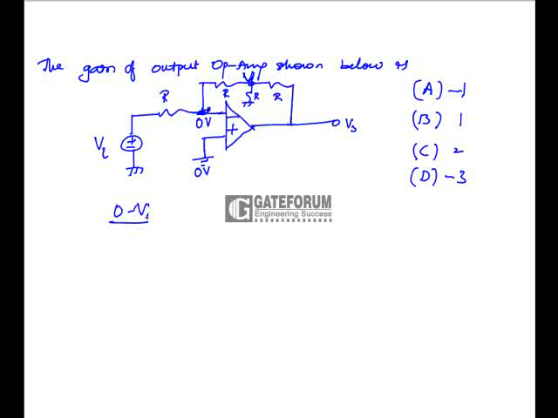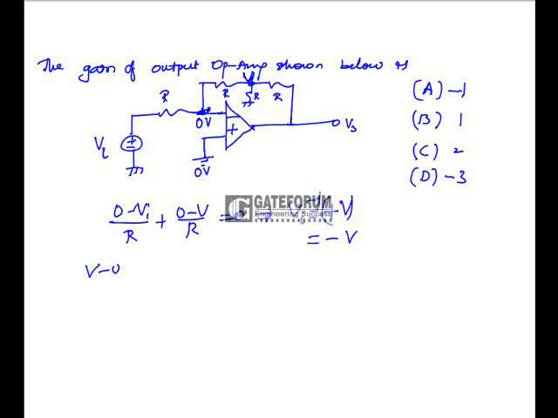So 0 minus Vi by R plus 0 minus V by R is equal to 0. From this, Vi is equal to minus V. Now, what is the nodal equation at this node V?